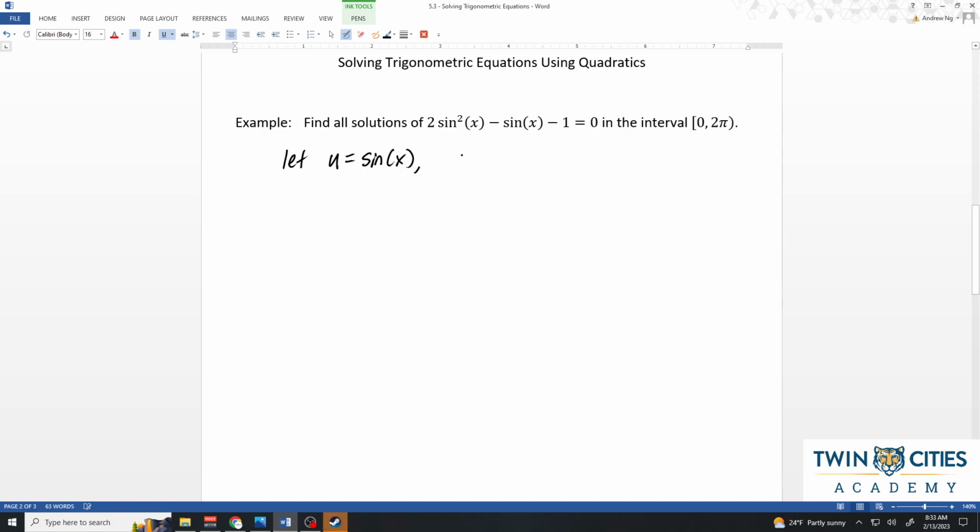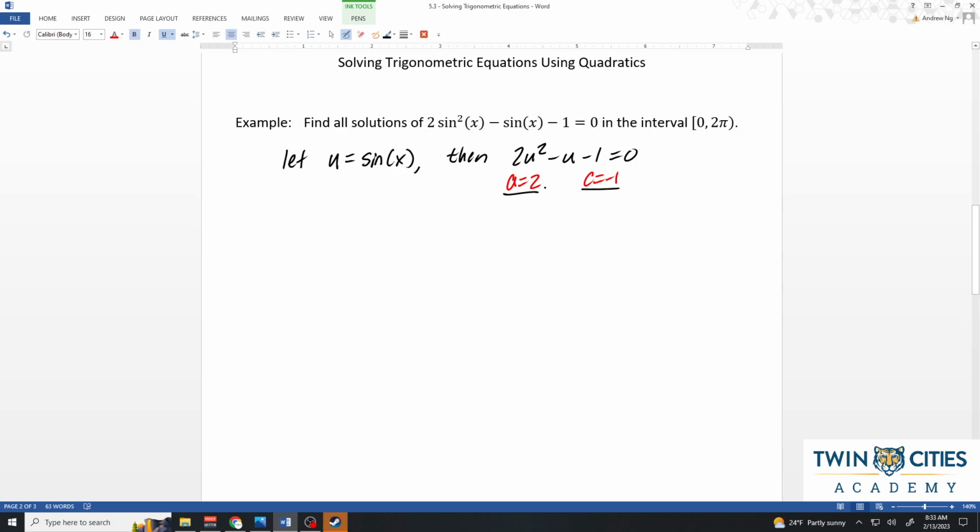If we do that, then what we've got here is 2u squared minus u minus 1 equals 0. And this might be a little bit easier to work with and factor, because now I can use my AC method for factoring. I'll say A equals 2 and C equals negative 1.